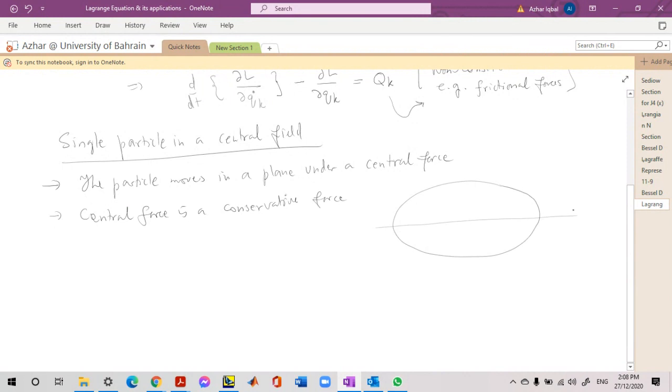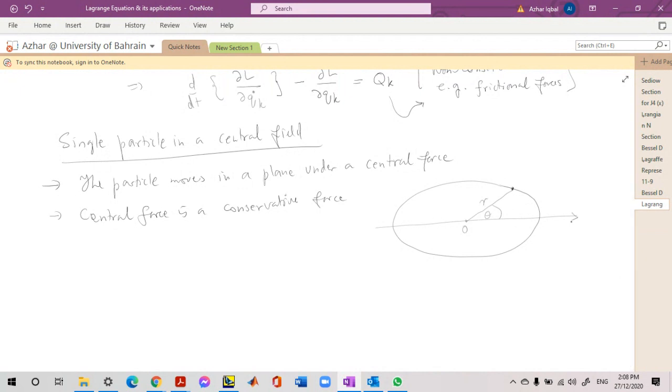As we consider this situation, for instance, this is our particle here, and this is the r distance of the particle from the origin, and this is theta. The radial vector makes the angle theta with the axis, which can be taken as the x-axis.